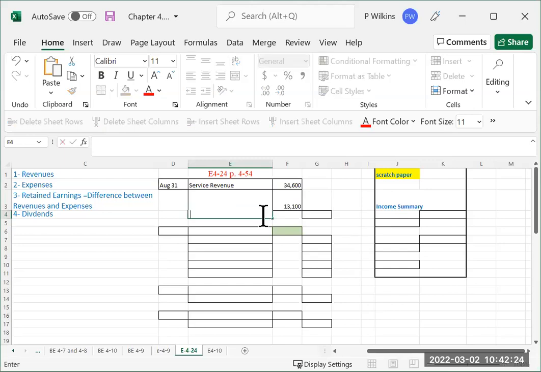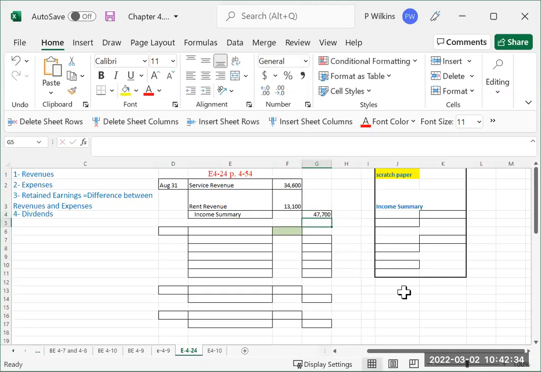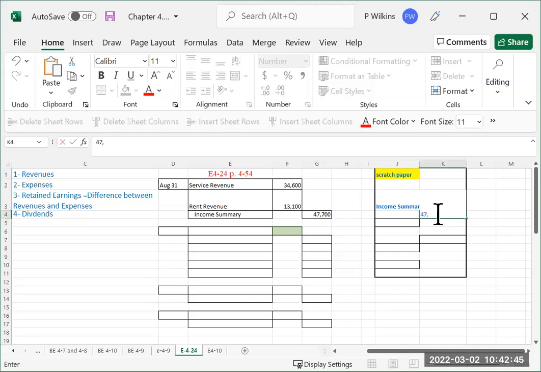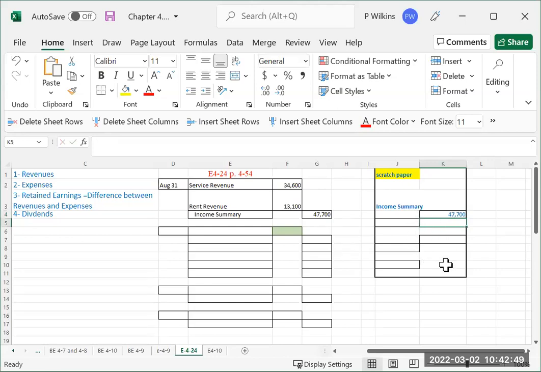So $34,600 plus $13,100 is $47,700. Okay. So we are going to credit income summary $47,700. Now on my scratch paper, you'll see over to the right here, I would just put that credit of $47,700 as a credit on my income summary T account.